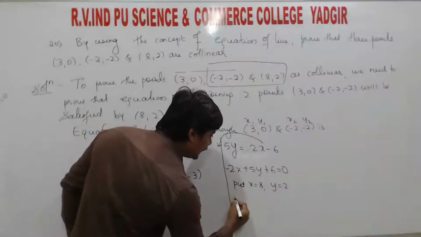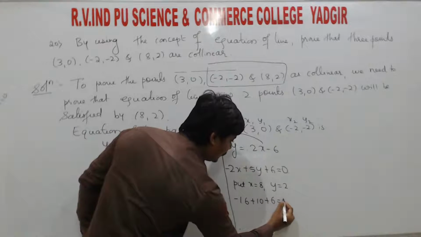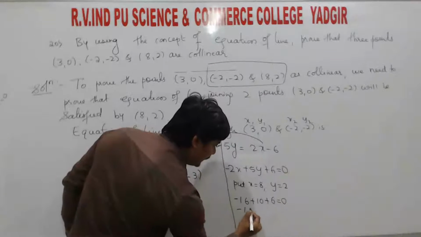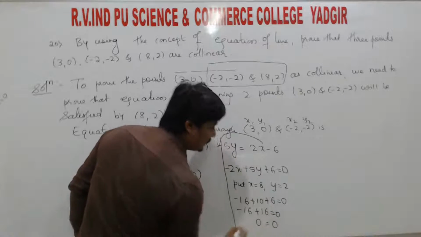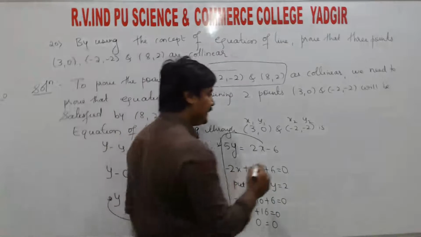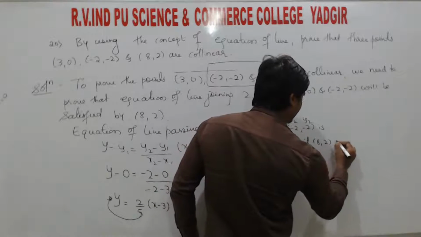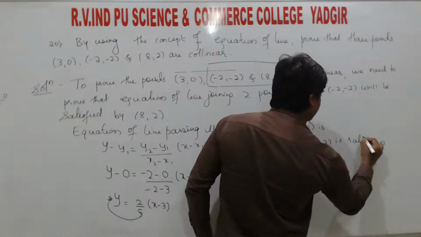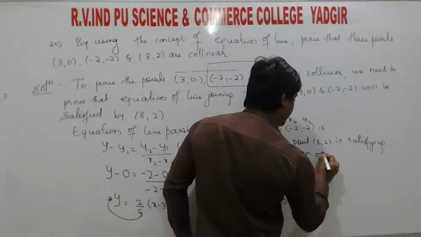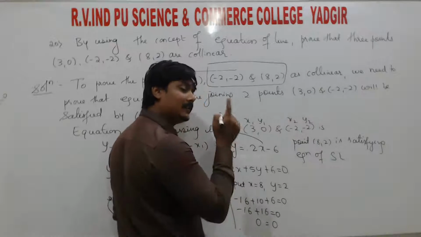Let's check. So for x put 8: -16 plus 10 plus 6 equal to 0. So minus 16 plus 16 equal to 0. 0 equal to 0. It is satisfying, isn't it? So we should write: point 8 comma 2 is satisfying the equation of straight line. If it satisfies, that point is on that line.